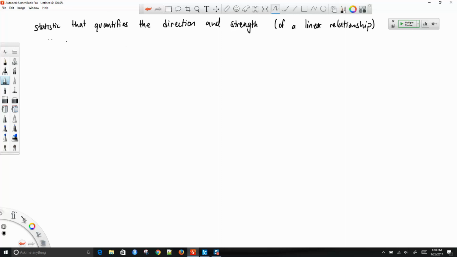This quantity is called the correlation coefficient, or a lot of times just plain old correlation. The symbol is R, as in relationship.